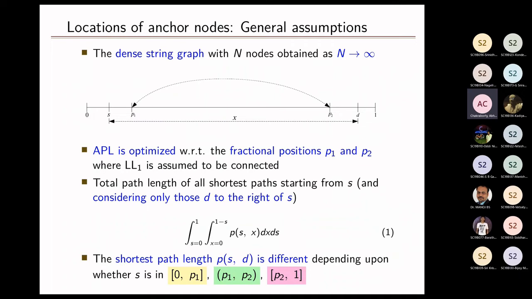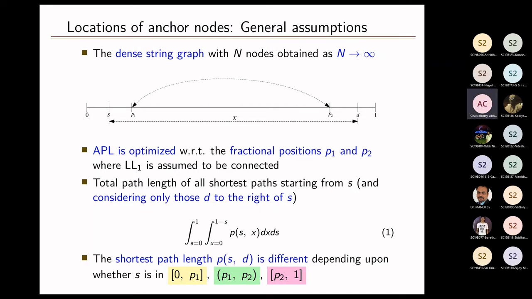In this figure, when we are seeing the destination node, we are not looking at the left side of S, between 0 and S. So we assume all destinations are at the right side. It is just to simplify the mathematical notations. Otherwise, it will become more complicated, but at the end, we'll get the same result.